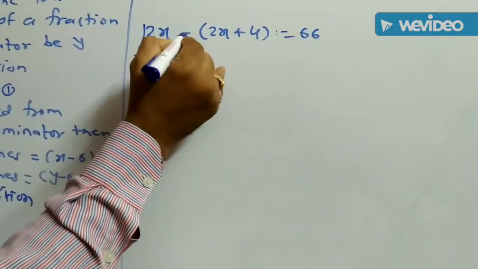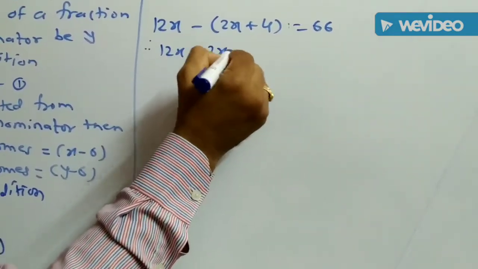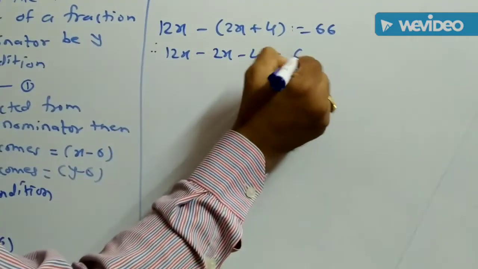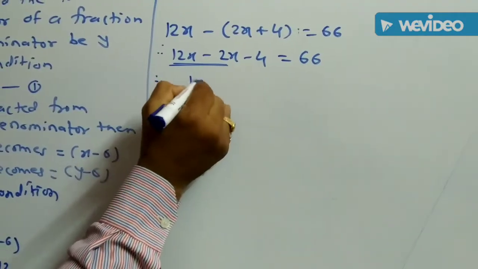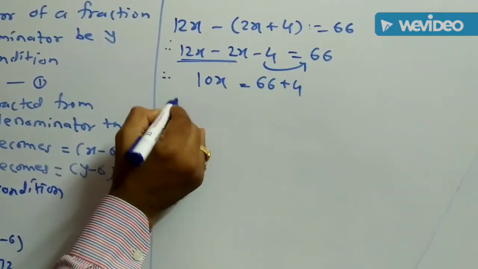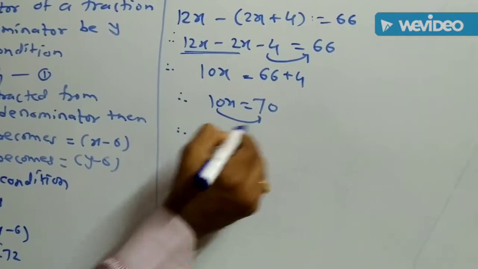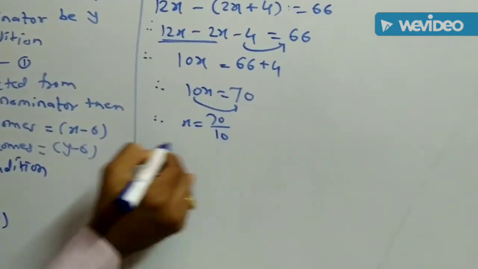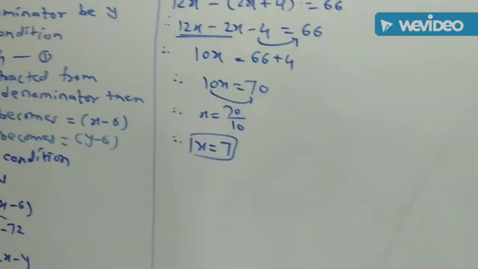Therefore 12x minus (2x plus 4) is equal to 66; we change the sign because of the negative sign before the bracket: 12x minus 2x minus 4 is equal to 66. Now 12x minus 2x is 10x. Minus 4 gets converted to plus, 10x is equal to 70. To find the value of x, multiplication by 10 gets converted to division, 70 upon 10, that is 7.